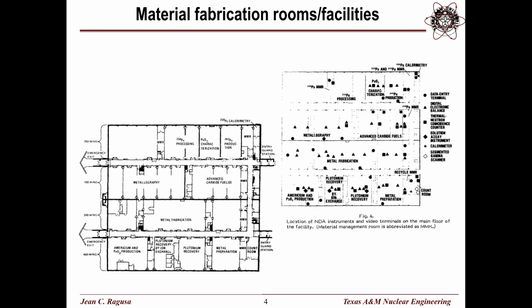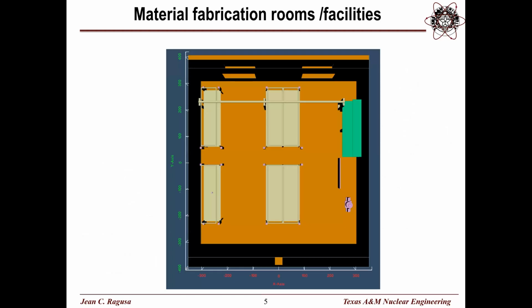And you want to make sure that going from one room to another, or going from one glove box to another glove box in a given room, you always account for the material you have. You always know where it is and how much of that material you have. And if you modify it, if it gets split into different forms or components, you keep track of all of those. So those are complicated facilities. But we start with a simpler prototype room.